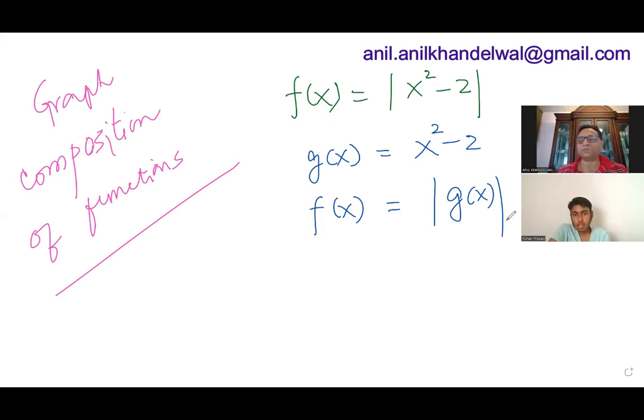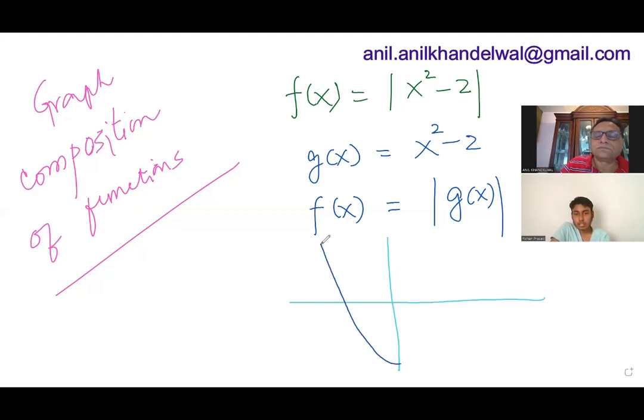Can you sketch it now? Yes, sir. Okay, sketch and tell me. So if it's x squared minus 2, it'll only go to the right. No, x squared minus 2 is going down by 2 units, right? Yeah. So this is the graph, g of x.